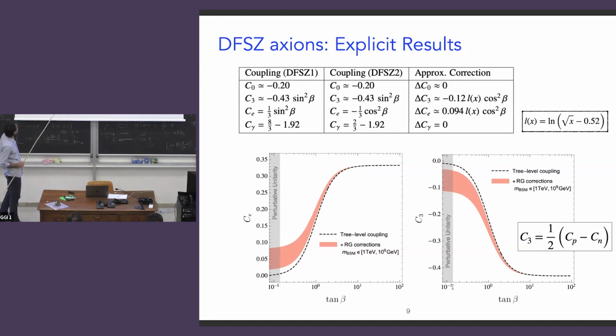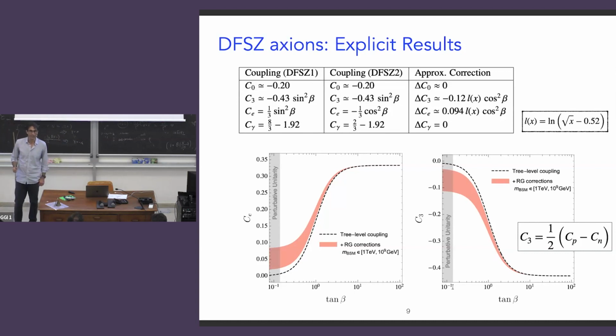And now, if you plot them as a function of tangent beta, this is what you get ignoring the RG corrections, and this is what you get adding the RG corrections. So you get an uncertainty. First of all, these two are not even compatible. Every effect is large at small tangent beta.